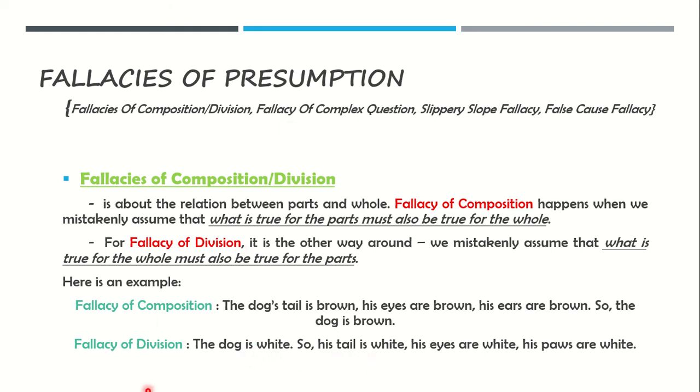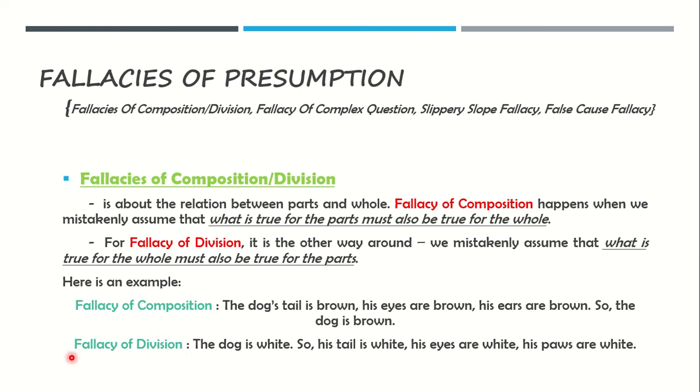Here is another example. All men are mortal. Therefore, Socrates is mortal. From that general assumption that all men are mortal, we create an assumption about its single components, that Socrates, who belongs to men, is also mortal. That is the fallacy of division.